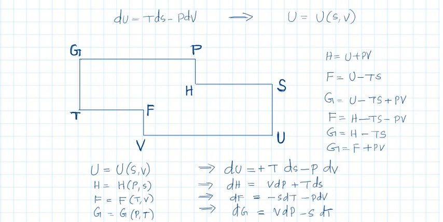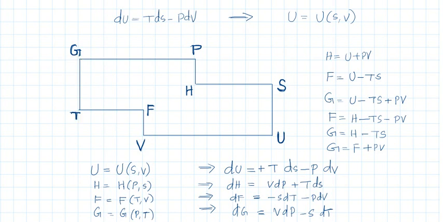And in this diagram, if you are taking a particular thermodynamic potential, say H, then there are 2 arms, one to the right and one to the top. If you consider U, one to the top and one to the left. If you consider F, one to the bottom, one to the left.